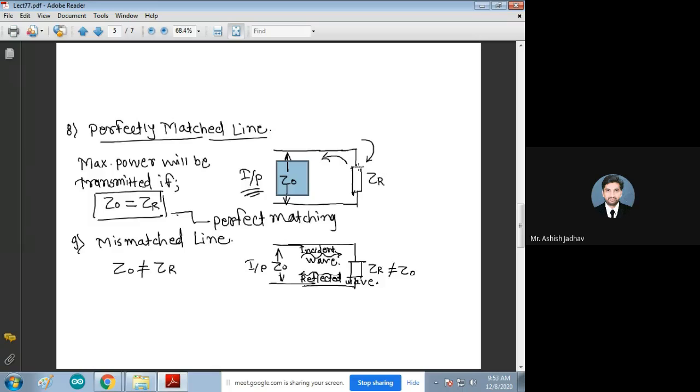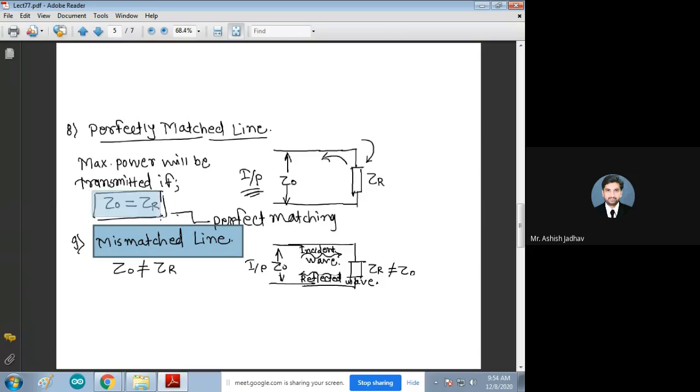If these two values are perfectly matched, then and only then the maximum power will be transmitted to the load. If these two values are not matched, then most of the power will be reflected back, and such a transmission line is referred to as a mismatched line.